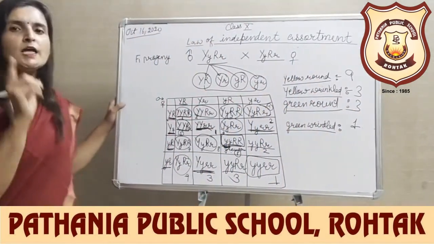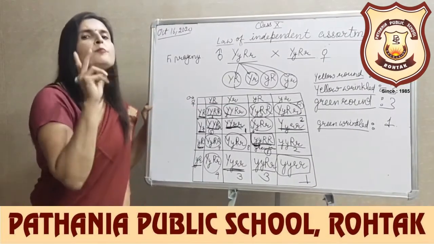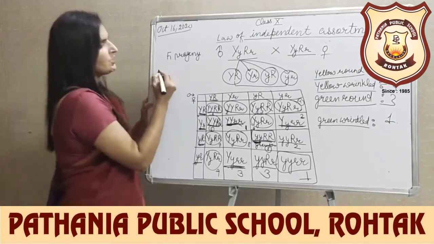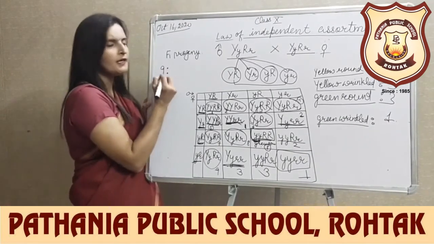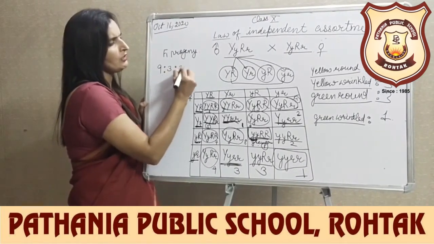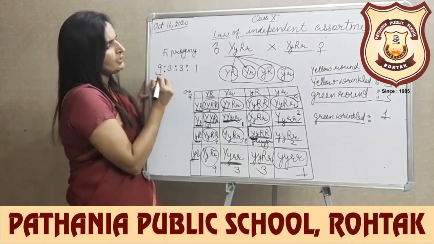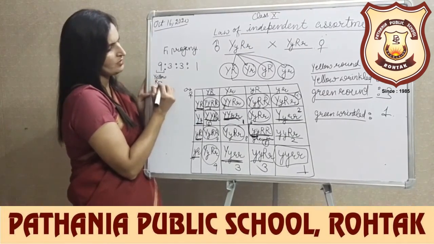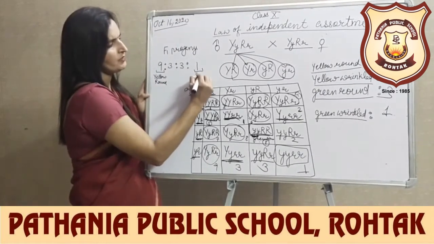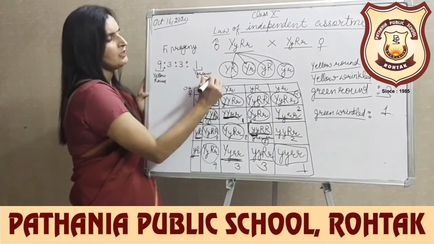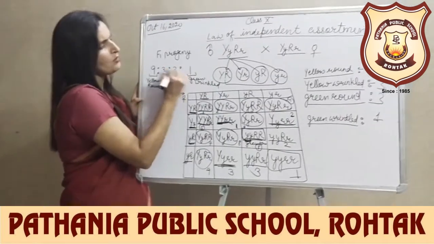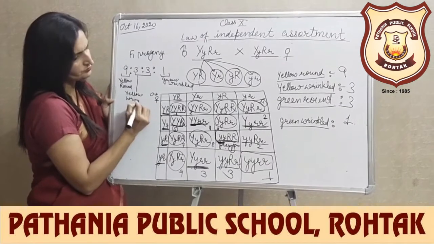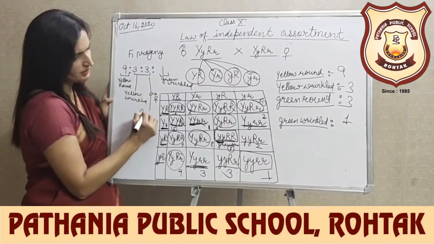So, in the inheritance of two pairs of contrasting traits, the ratio in the F2 generation comes out to be 9 is to 3 is to 3 is to 1, where this is the parental yellow round, this is the parental green wrinkled, but two new combinations were obtained as yellow wrinkled and green round.